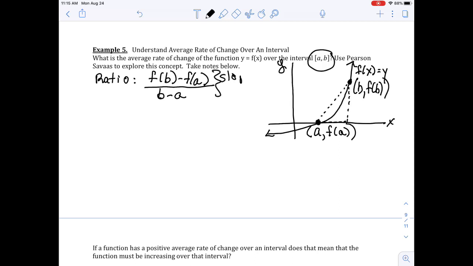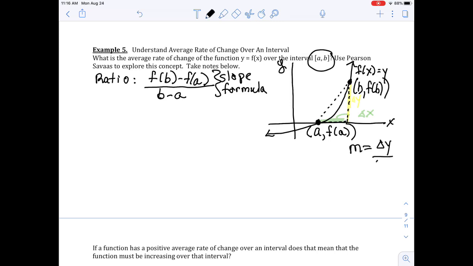And the slope of a line segment is determined by using the slope formula. This is actually the slope formula, only it's using function notation, because this, and I'm going to highlight it green, the green is the difference between b and a. So a to b. So that's your delta x. I don't know if your algebra teachers ever called it that. And this, the yellow, is your delta y.